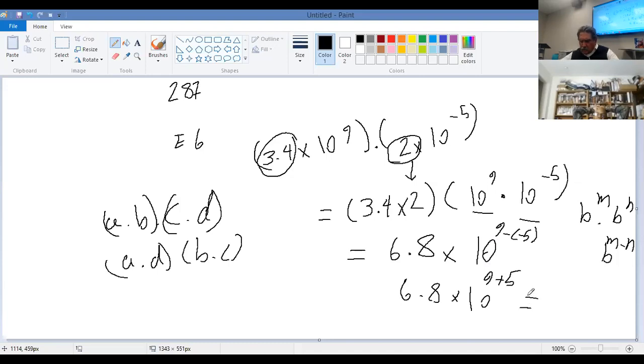Now, wait a minute. Oh, no. These are multiplication, not addition. I'm sorry, b to the power of m times b to the power of n, this should be multiplication, 9 times minus 5. Let me clean up here.